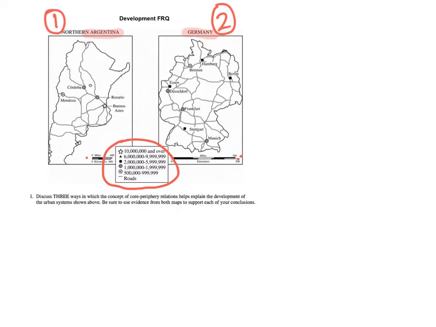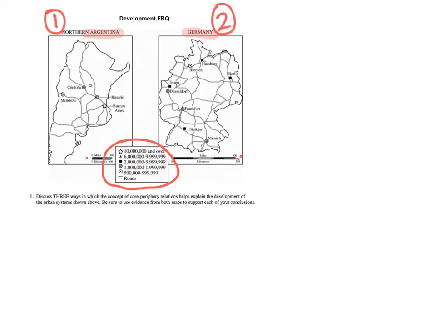The largest city is 10 million and over. So this is a really good indication that these cities are huge population centers. It is also going to give me an idea that the population of these cities is going to have to play an integral role in my answer.